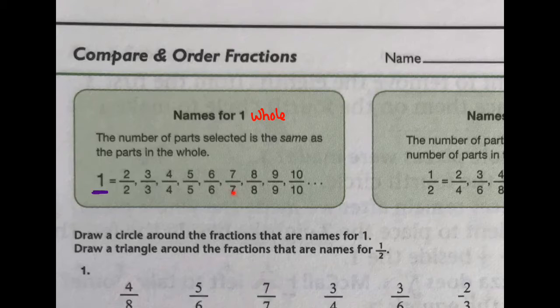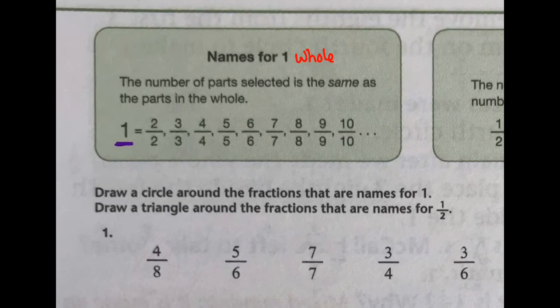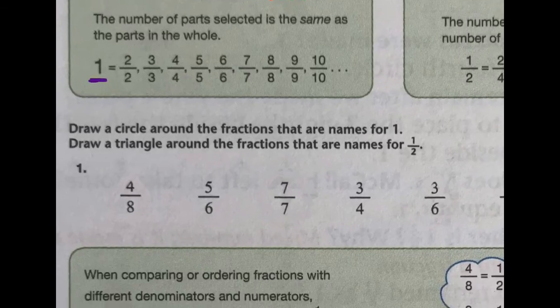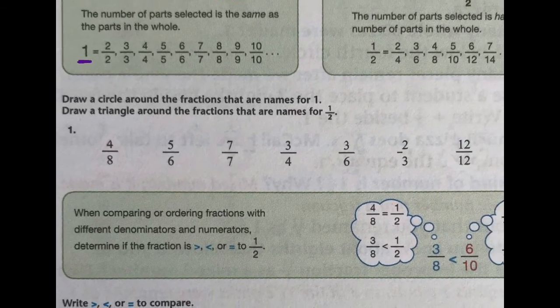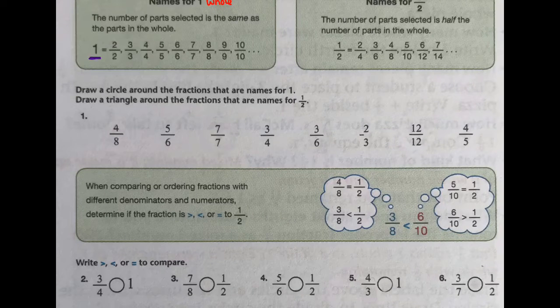Okay, we're not going to talk about this next part over here yet. Let's just do this. Okay, so knowing what we know now about how a whole is represented, look at your work page. We're going to do number 1, and the directions say draw a circle around the fractions that are names for 1.